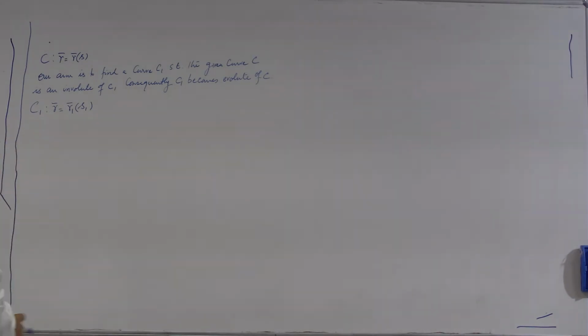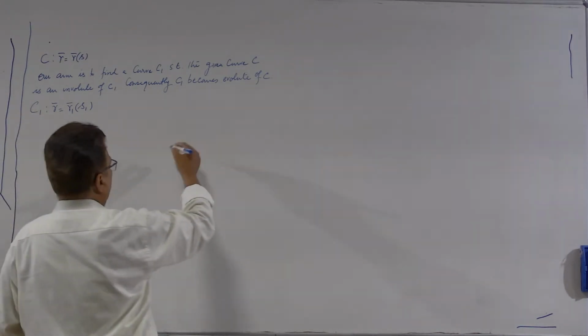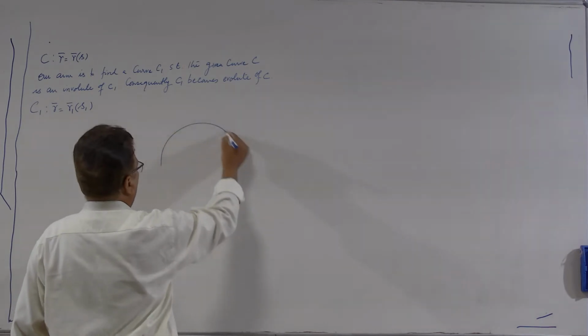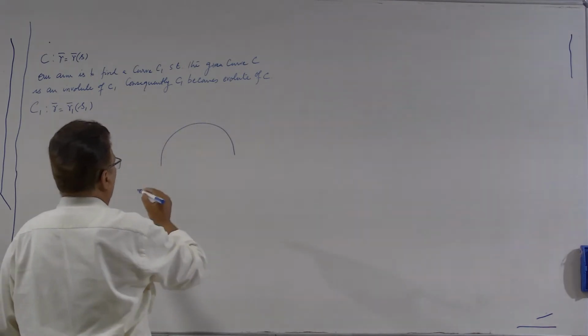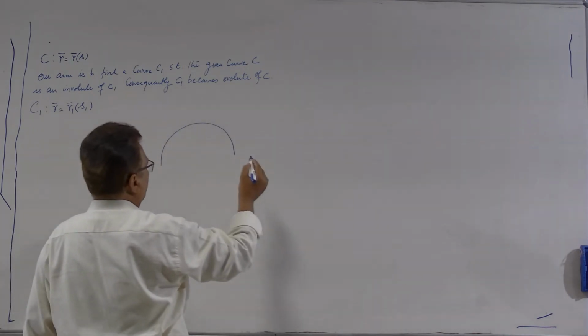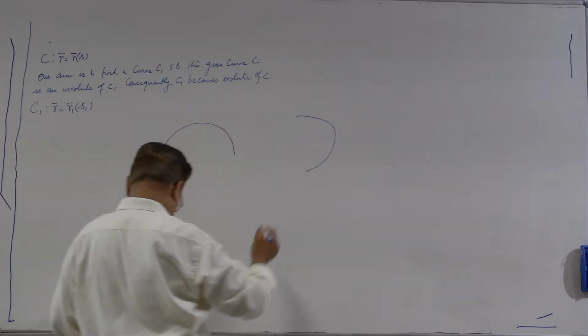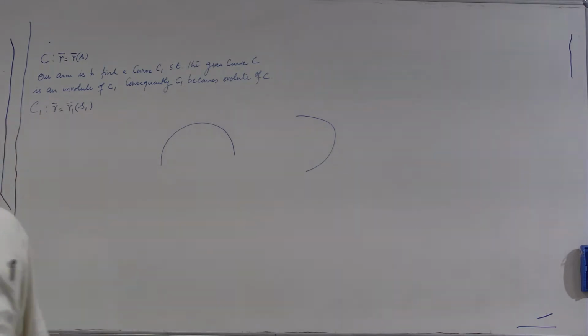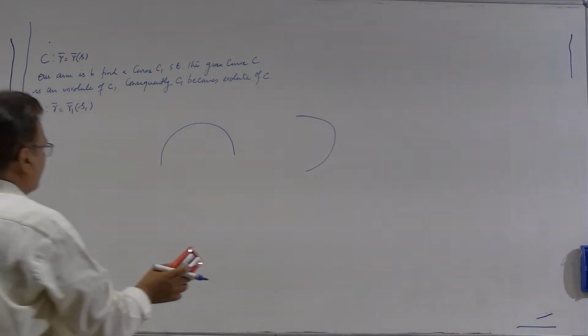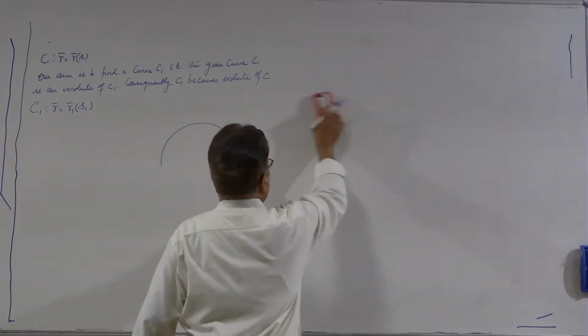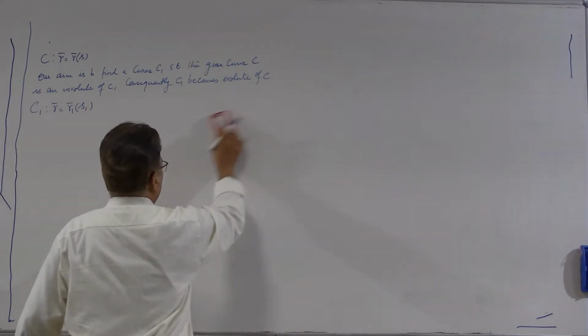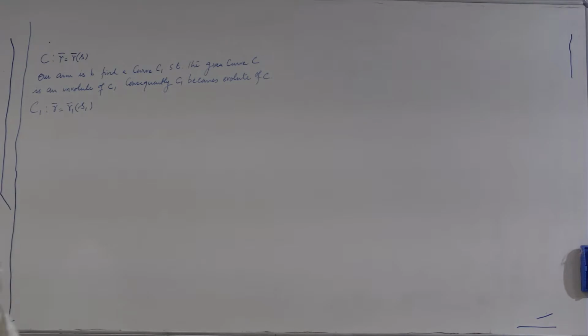All right. So, geometrically, suppose I am given this curve C and I am looking for another curve C 1, or let me draw it a little differently, because we need the normal of the given curve.